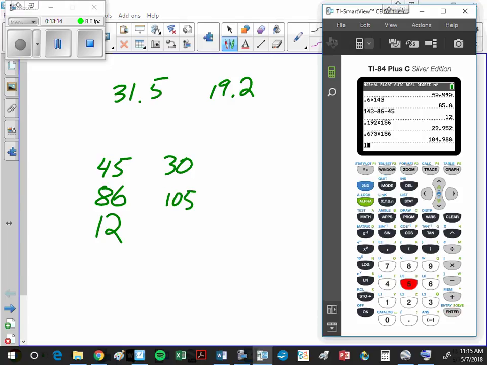And then 156 minus 105 minus 30 is 21. Does everybody understand where those numbers came from? I just multiplied the percentage by the number of men, and then the percentage by the number of women. Yeah. So that first column, I multiplied the percentage by 143.